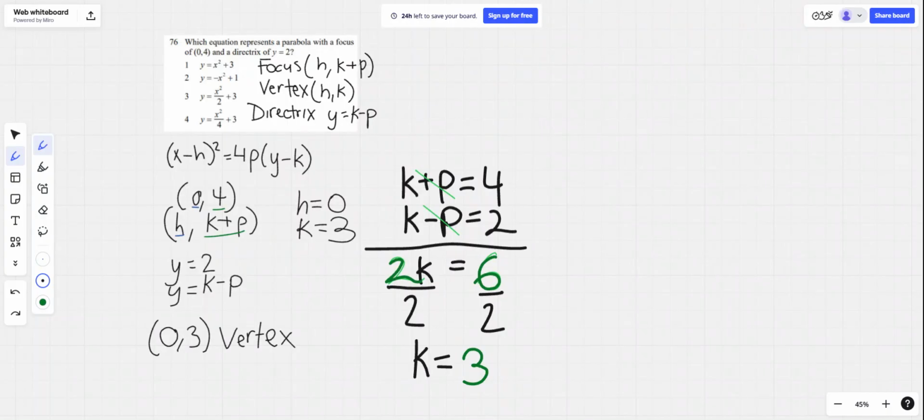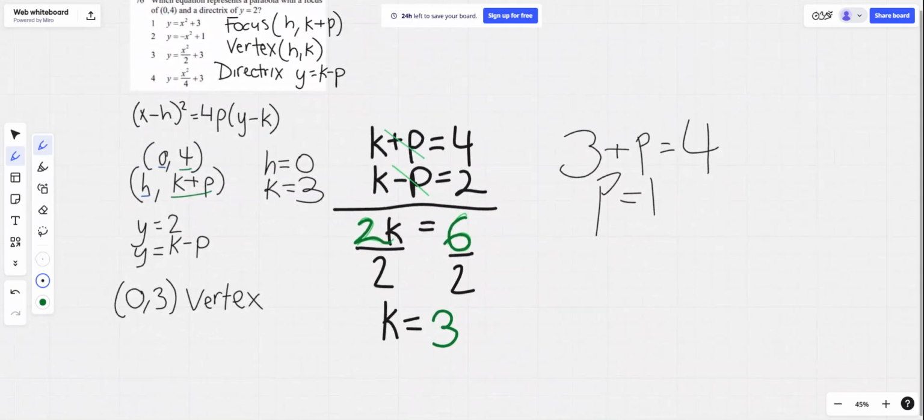We can plug in the value of k in any of them. For example, if we were to use the first one, which is k plus p equals 4, we know k equals 3. So 3 plus p equals 4. P equals 1.